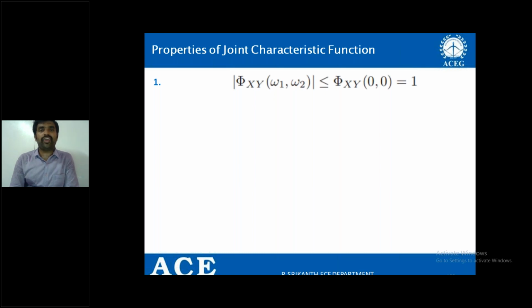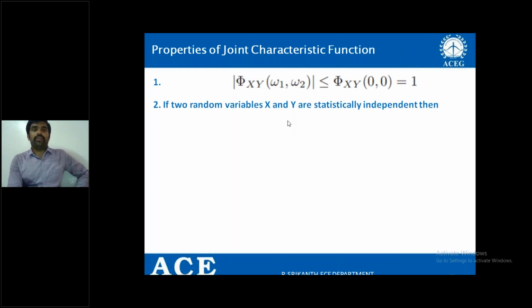In a similar way, we have the property for the joint characteristic function: the joint characteristic function is maximum only at omega 1 equal to 0 and omega 2 equal to 0, and the maximum value is equal to 1. That is phi xy of 0 comma 0 equal to 1, which is a maximum when compared with all the other values of the function phi xy of omega 1 comma omega 2.